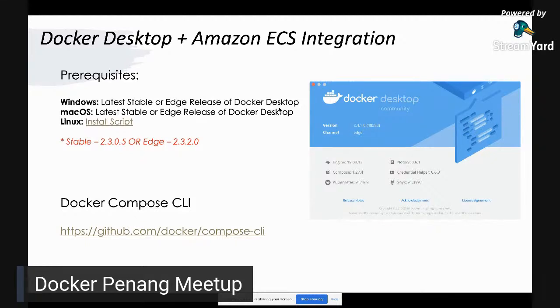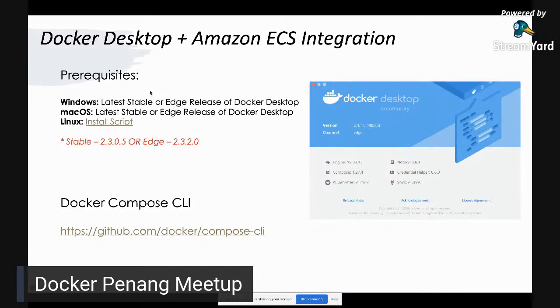Starting from the stable release of 2.3 and the edge release of 2.3.2.0, Docker Desktop has a new feature which enables you to run your container workloads, staying on the same CLI and pushing your Docker workloads to either Azure or AWS. In this demo, we will be focusing on Amazon ECS and how those features are implemented.